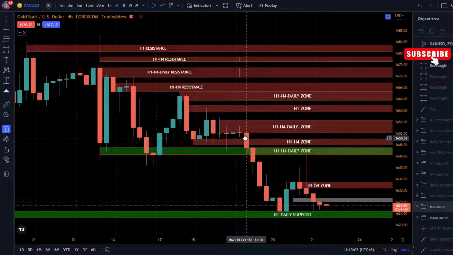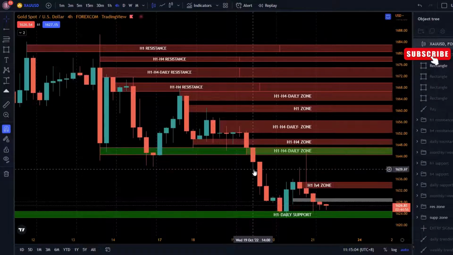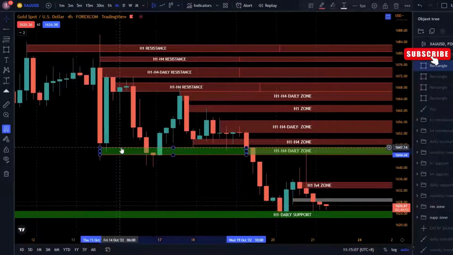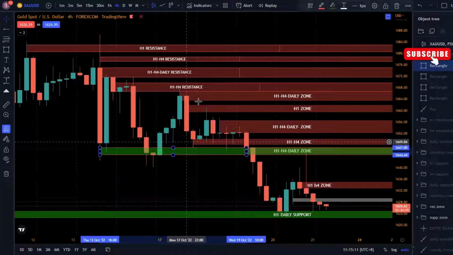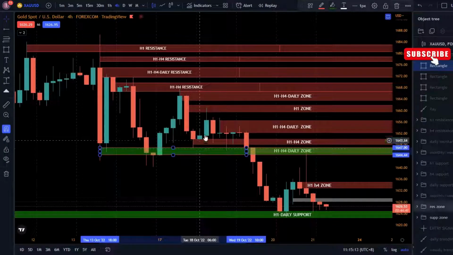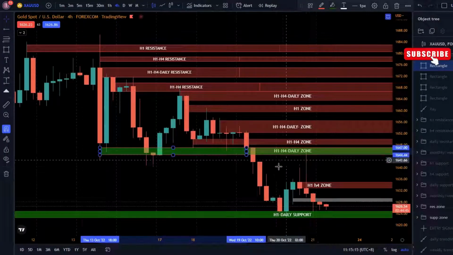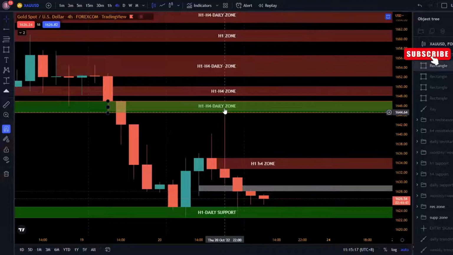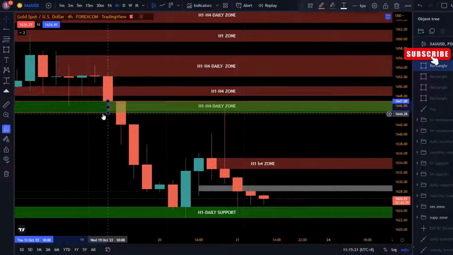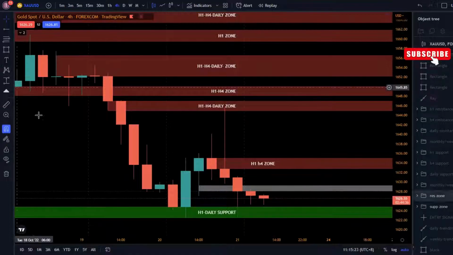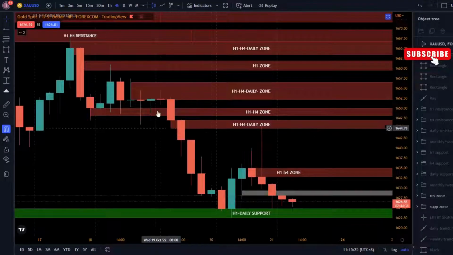Then this candle broke down. So this support automatically becomes resistance, because when support breaks, it becomes resistance. Okay, so that's very clear. So this zone resists. Okay, so that's very clear.